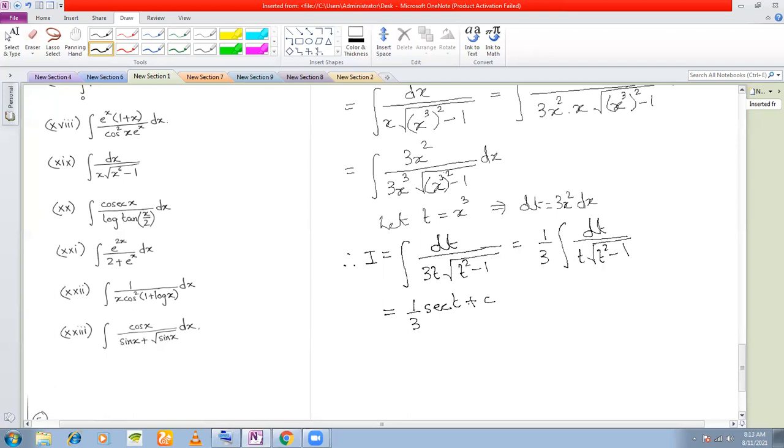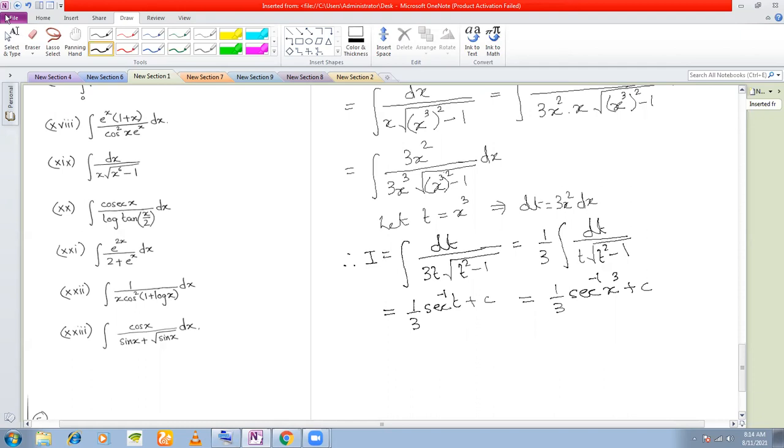So therefore, the integration of 1 by x root x square minus 1 must be equal to sec inverse x. So this is equal to sec inverse t. Put back the value of t. We had taken t is equal to x cube. So 1/3 sec inverse x cube plus c. In fact, d/dx of sec inverse x is equal to 1 by x root x square minus 1.